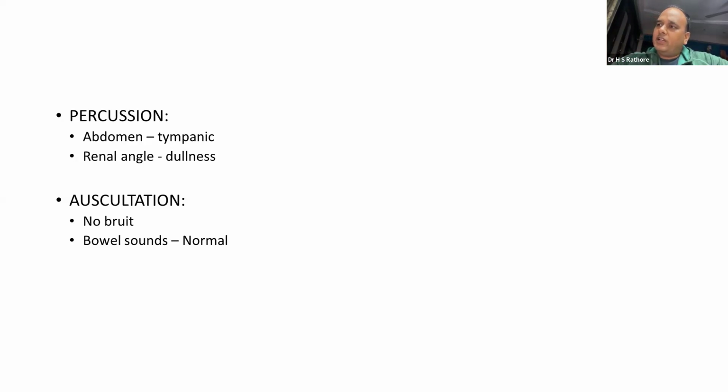It is more often seen on the left side. IVC thrombi very rarely go downwards; they usually go towards the heart. So right gonadal vein getting blocked is very unusual. So varicocele you will invariably find on the left side, and it suggests a left RCC going into the left renal vein. Okay, go ahead.